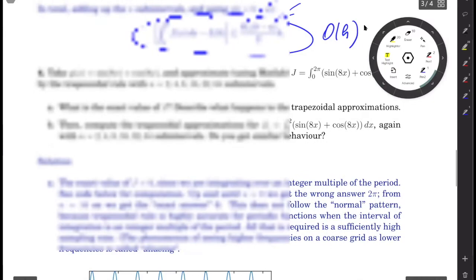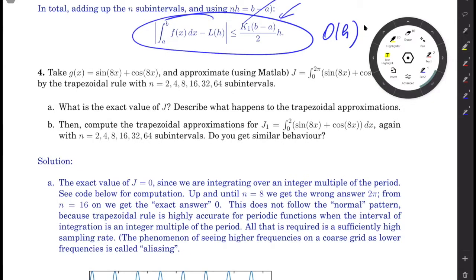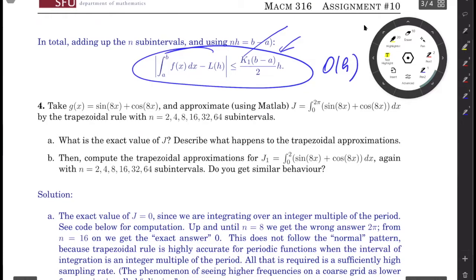Okay, number 4. So this is quite similar to some of the iClicker questions I asked. So using MATLAB, we want to find out what is the exact integral. And since we're integrating over an integer multiple of the period, the exact integral is 0.